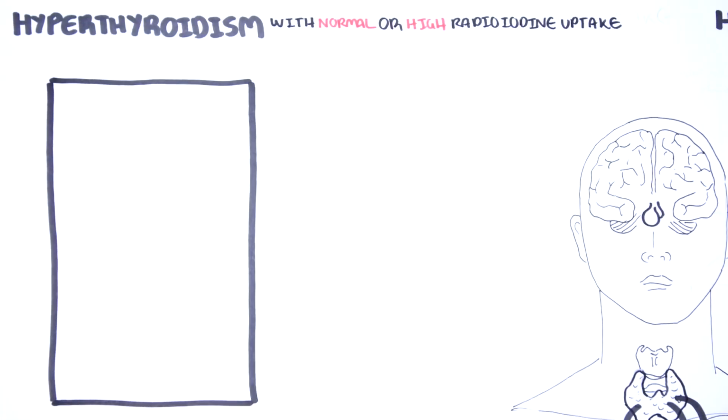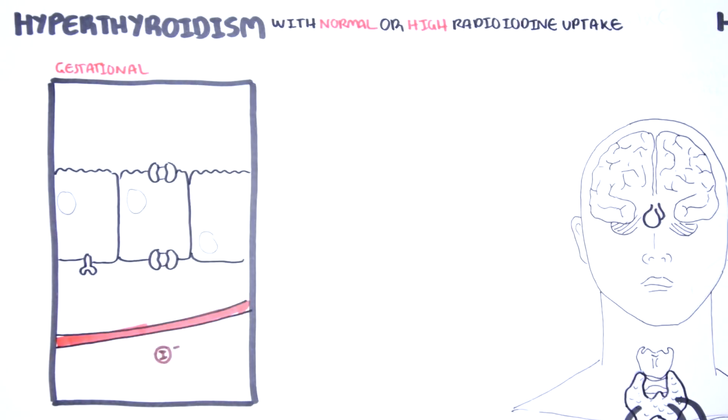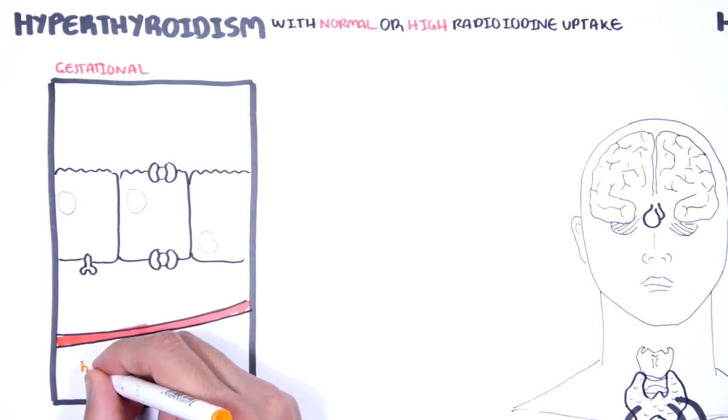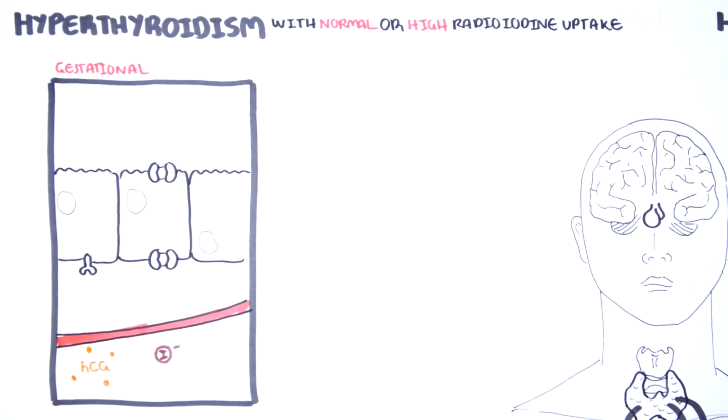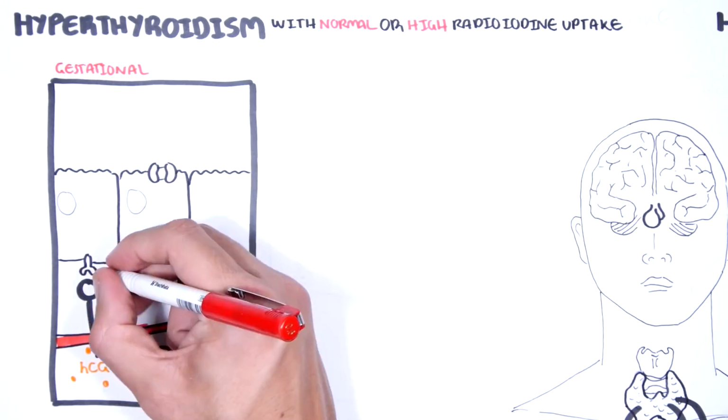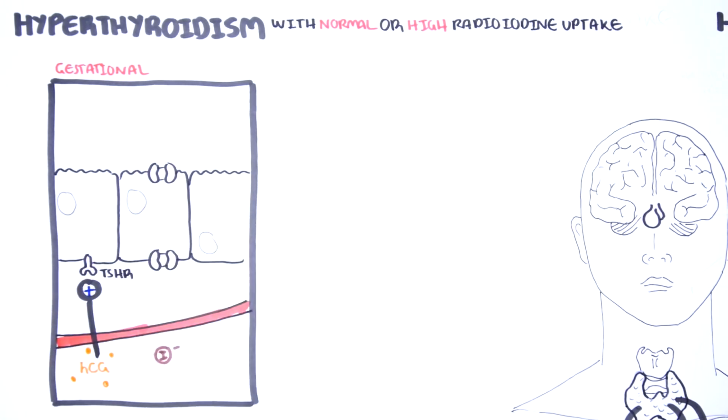A very interesting cause of hyperthyroidism is during early stages of pregnancy, gestation, when beta-HCG, the pregnancy hormone, is produced by the fertilized egg. At very high levels, human chorionic gonadotropin, the beta-HCG or HCG, not only interacts with its cognate receptors, the luteinizing hormone receptors, but it also cross-reacts with thyroid-stimulating hormone receptors.